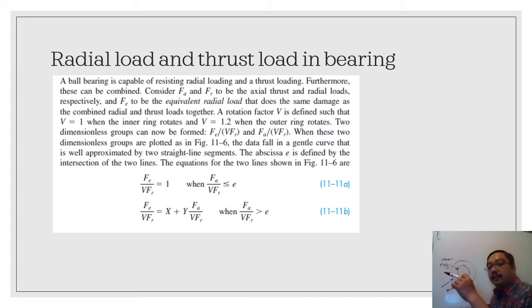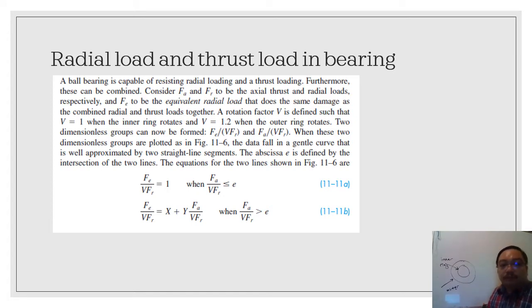The thrust load is loosely translated as a force you give, like an axial load. This is a loose interpretation of thrust load. You can find a better definition of thrust load in Google.